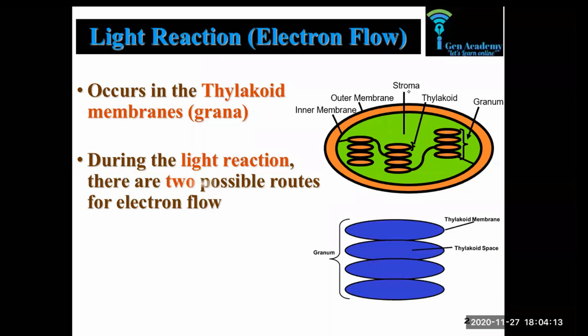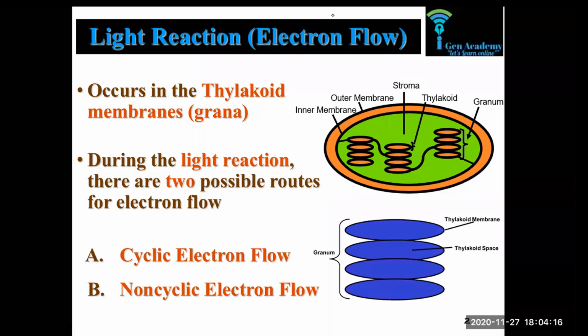Now we have to understand another thing, that the light reaction, also called electron flow, is differentiated into two types: cyclic electron flow, also called cyclic photophosphorylation, and non-cyclic electron flow, also called non-cyclic photophosphorylation.